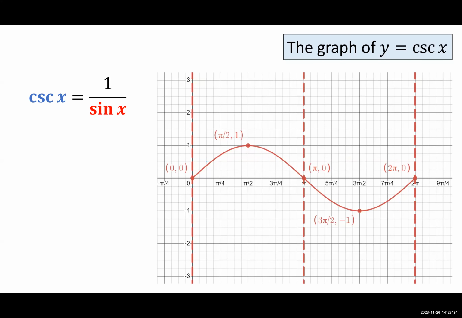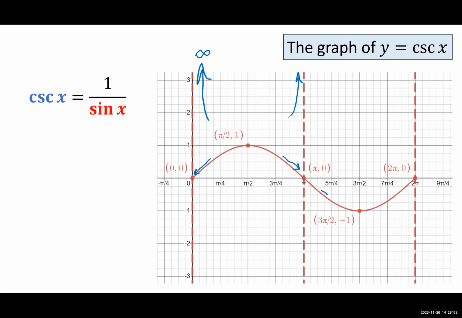So here, as the y values get really small but are positive, the cosecant function should be going to positive infinity. Over here, as the y values again are getting small but positive, the cosecant function should again go to infinity.